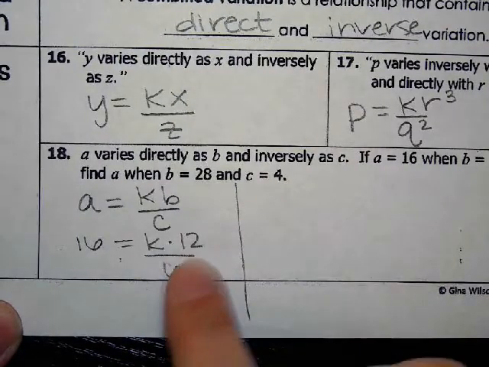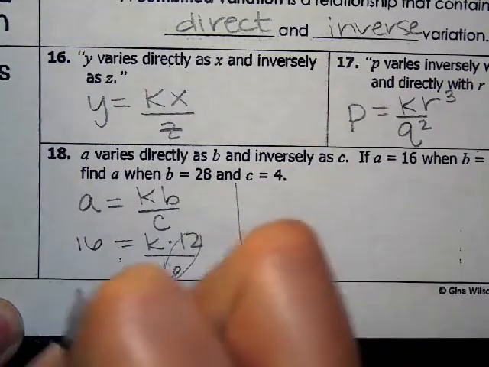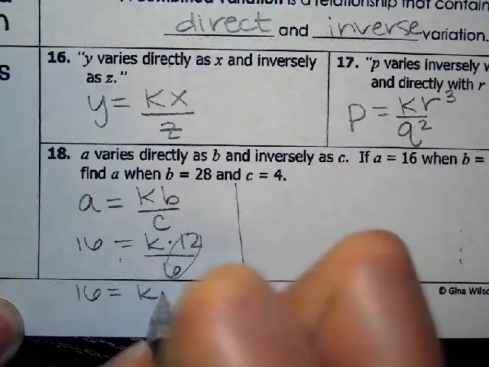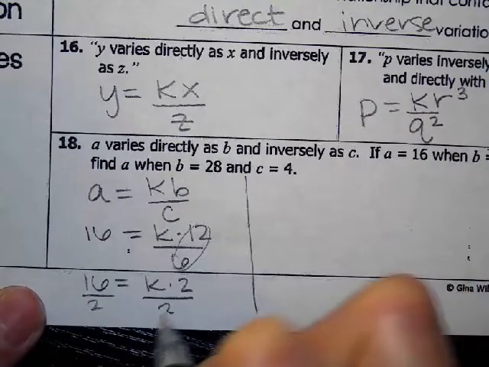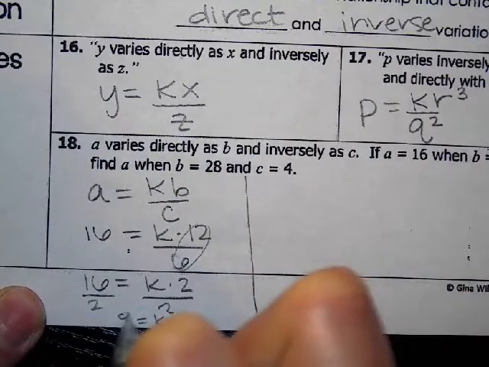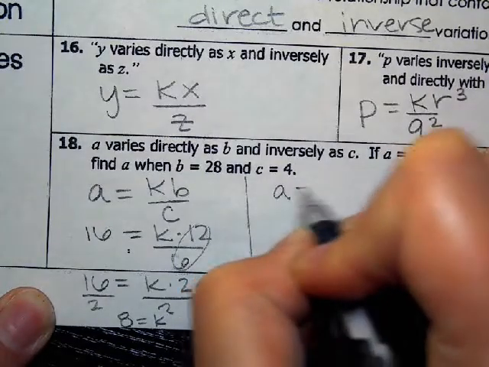I already know that's just 2. So we have 16 equals K times 2. So I can go ahead and divide by 2, divide by 2. So K equals 8.